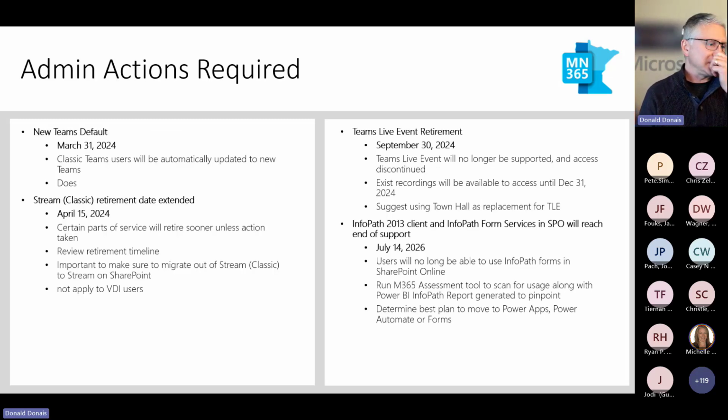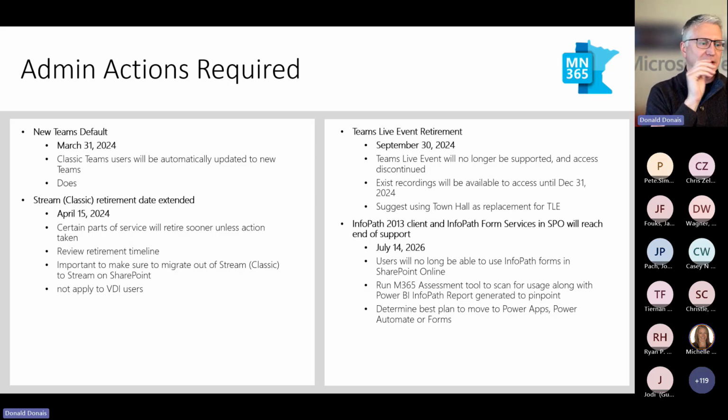And then finally, some updated admin action ones. The one that I wanted to pull out, make sure I post, by the way, is the new Teams default. If you did not catch that, on March 31st, 2024, Classic Teams will be automatically updated to that new Teams experience, right? So this is important for you guys to make sure you're ready for this change.